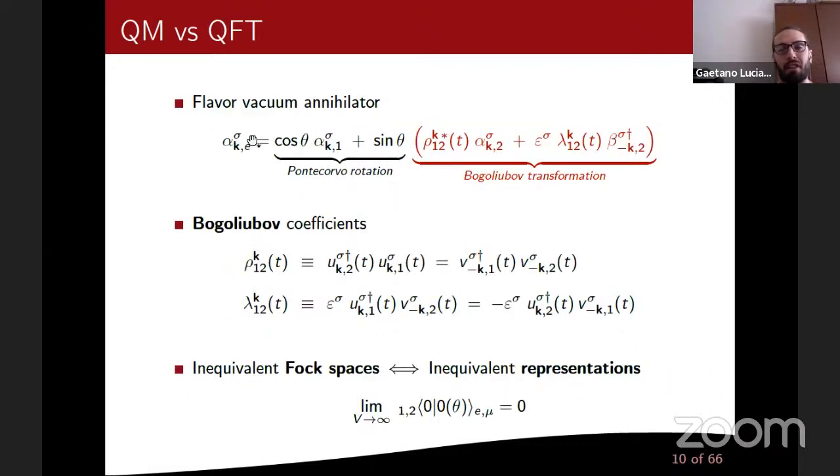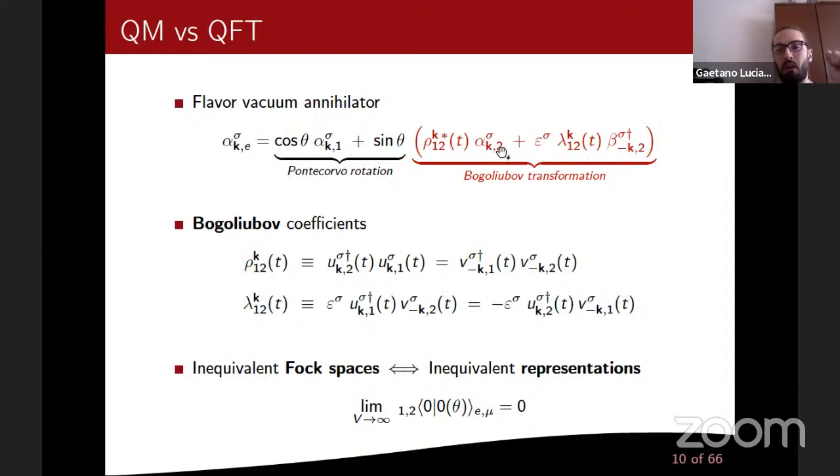How is this new ladder operator defined? It is defined in this way. So you can see that at the level of fields, and in particular at the level of the ladder operator, we don't have simply the Pontecorvo rotation, but we have the combination of the Pontecorvo rotation and also a Bogoliubov transformation, which is absent in quantum mechanics.